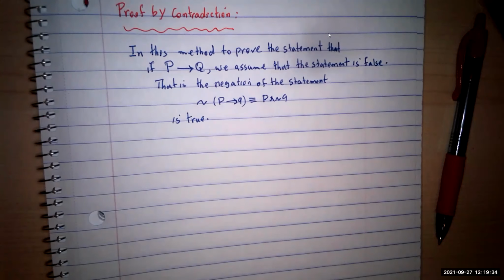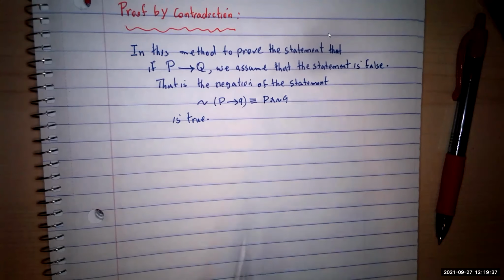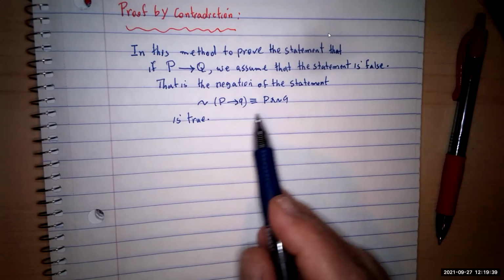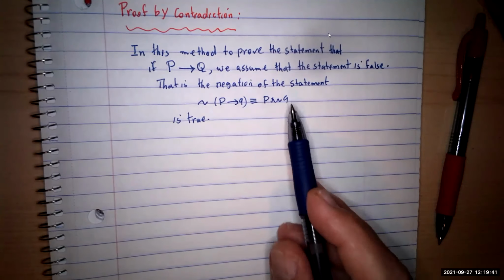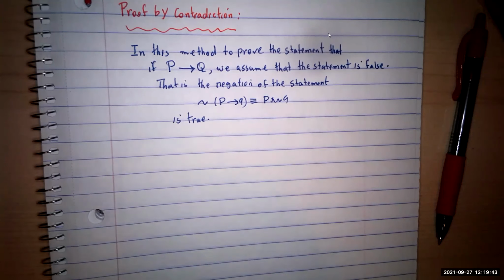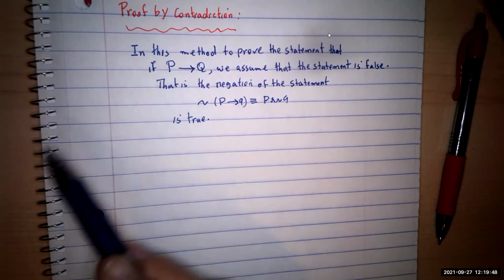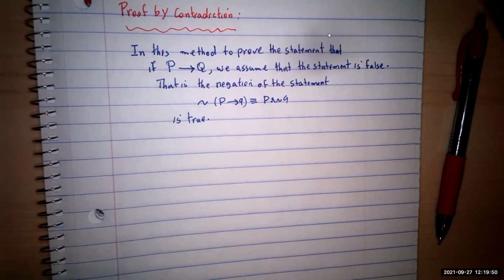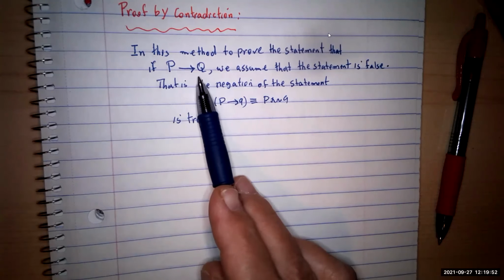You just assume that there is an x such that P(x) is true, but Q is not. Or in general, when we want to prove that if P then Q, we say suppose not. Suppose not means suppose Q is not true.